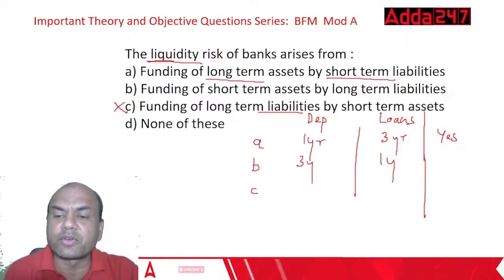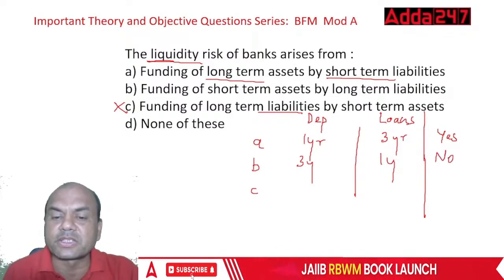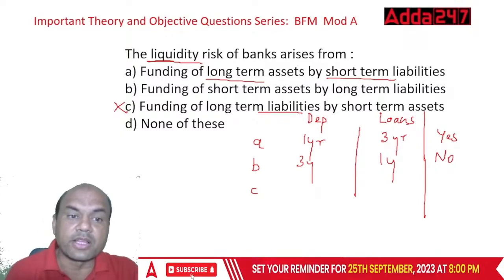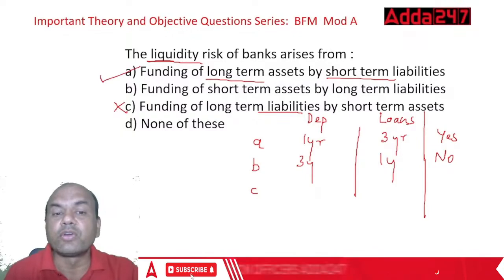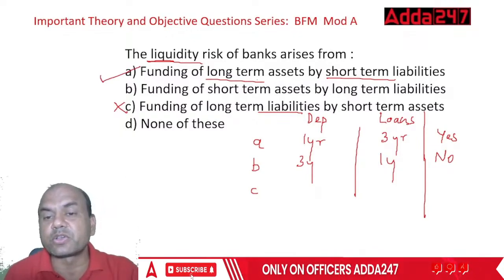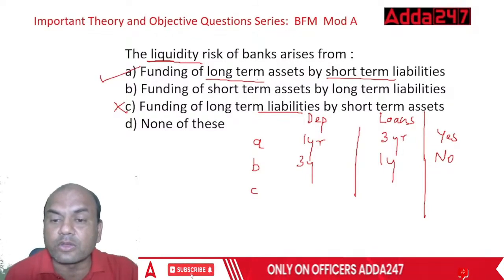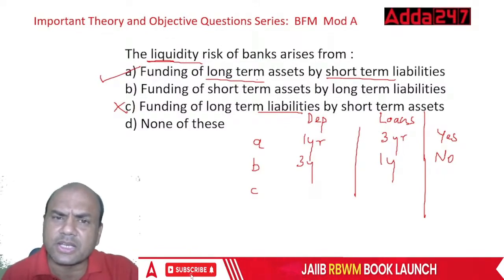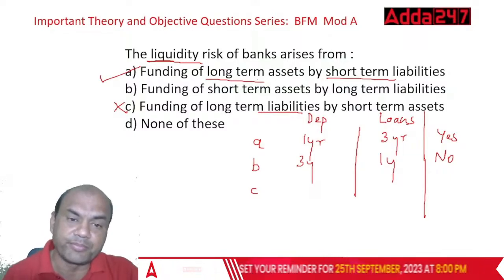So I won't have any liquidity problem, because whenever this person comes, I can repay him or her. So the answer is A. Funding of long-term assets by short-term liabilities. This is the basic logic on which this question depends, and such questions are asked in the exam. Remember. Okay. Move on.